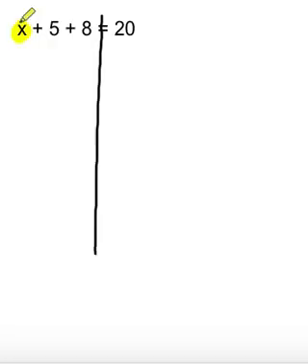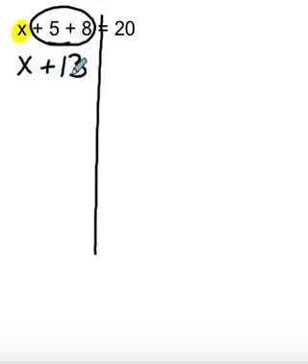So if I would clean up my equation a little bit and combine these two numbers, a positive 5 and a positive 8, that would give me x plus 13 equals 20, which is helpful because now I'm back to what I've been practicing. So you're going to have to combine your like terms into one number and then solve from there. So it's going to take me one extra step today.